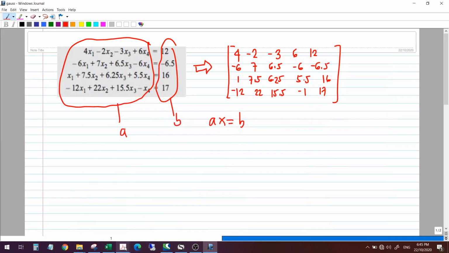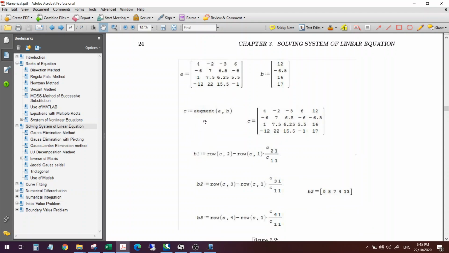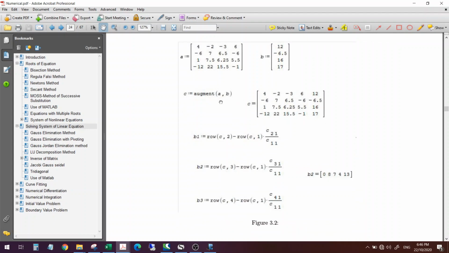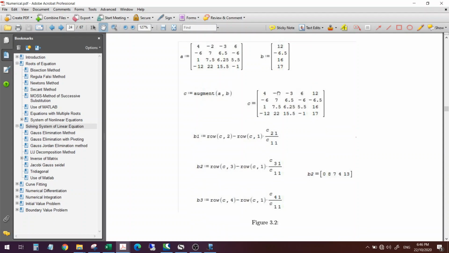So this is shown in the ebook. The command for SMAT to combine these two matrices is augment. So C colon augment, then type in the matrix names of these two, which are A and B. So if you do that and press enter, you find the corresponding result of the C matrix, you have this.